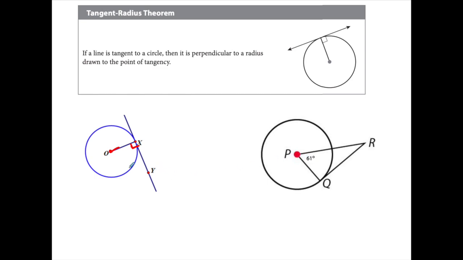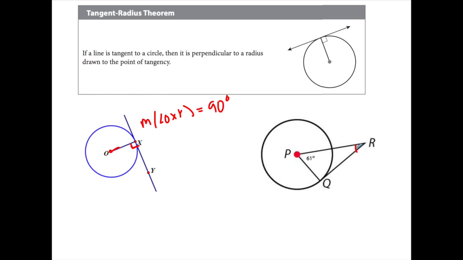So for example, if I was asked, what is OXY? The measurement of OXY is 90 degrees, because X is the point where the tangent line hits the circle. So this radius connecting the center to X must be perpendicular, forming a 90-degree angle with the tangent line.